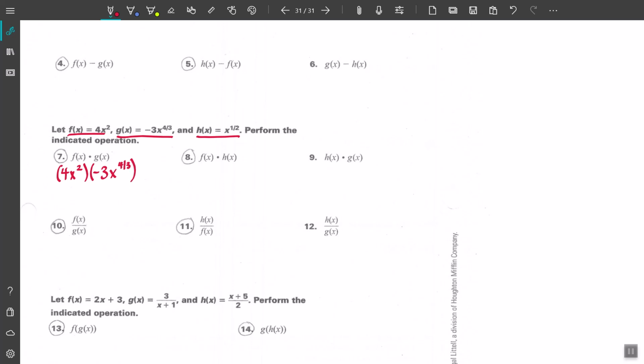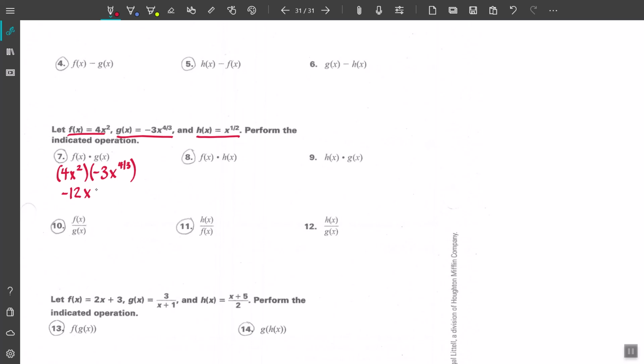So when we multiply exponential expressions, the rule has always been, and it still is, that we multiply the coefficients together. So in this case, the 4 and the negative 3, we multiply together to get negative 12. Then we take the base and rewrite it, and we add the exponents.